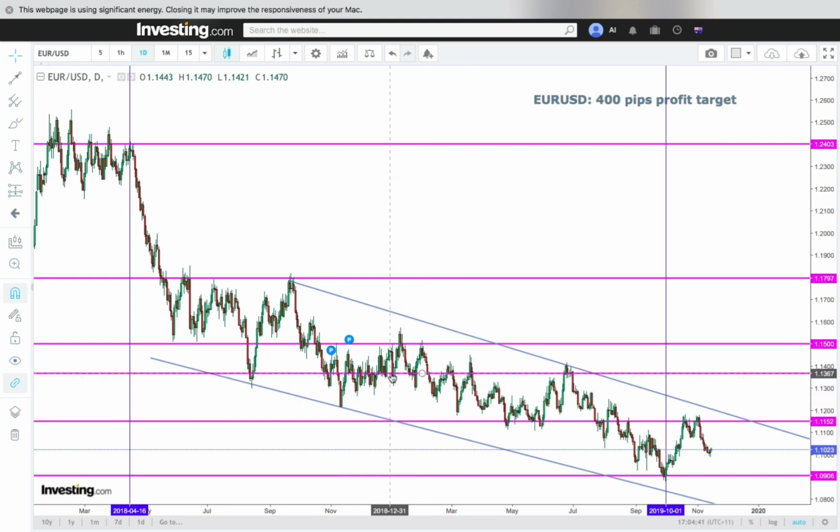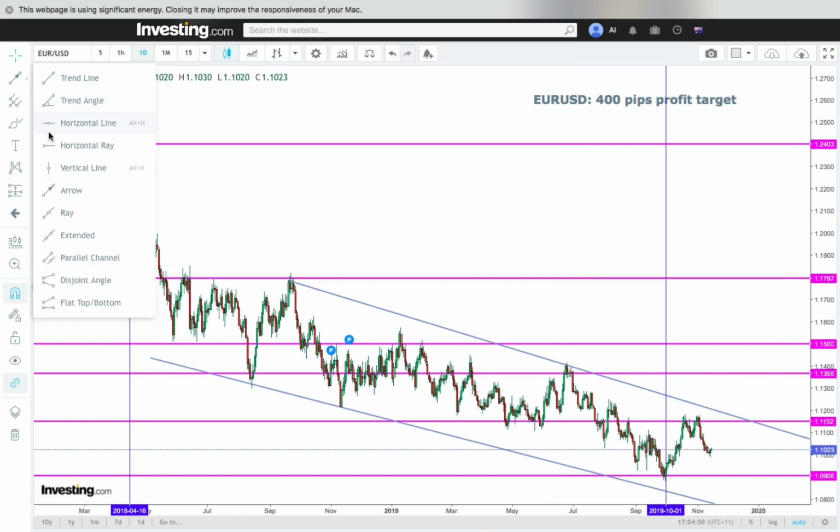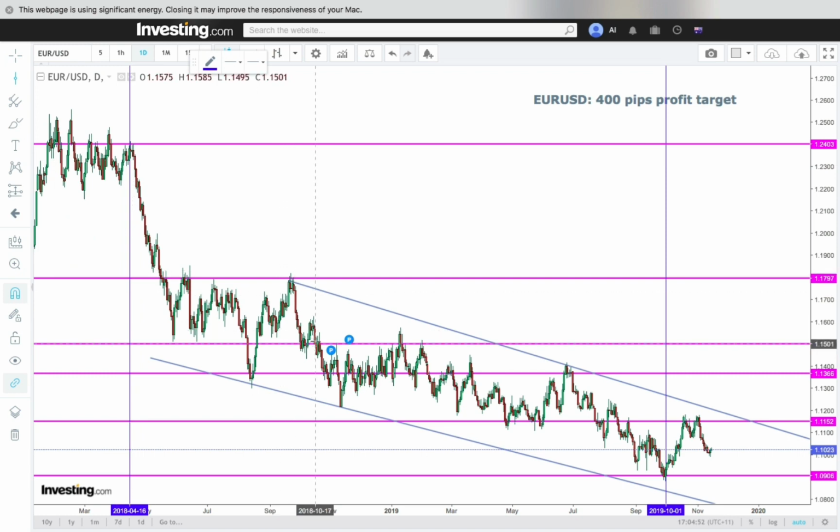All right, but from this point to this point, if I can put another line, so from this point of time to here, market came down all the way to here.